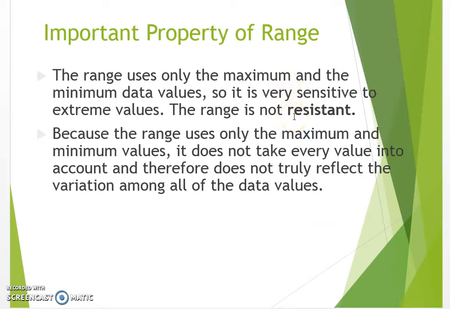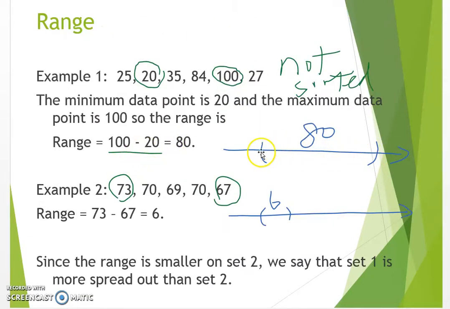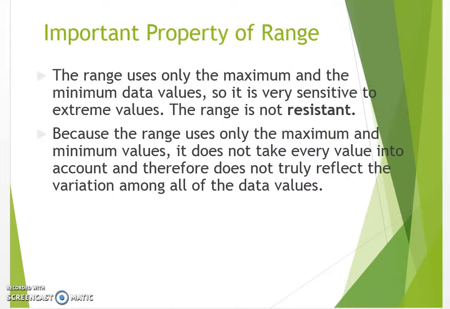Some important properties of range that we need to emphasize. First of all, the range only uses two numbers, the highest and the lowest. It doesn't consider any of the rest of the data values in the set. If these two numbers are affected by an outlier, then the range will be affected by the outlier. So the range is not resistant to outliers.